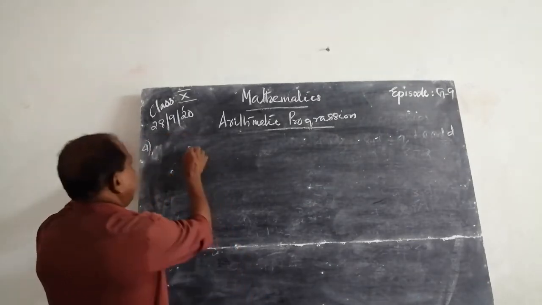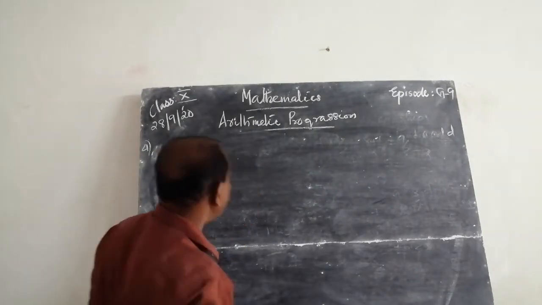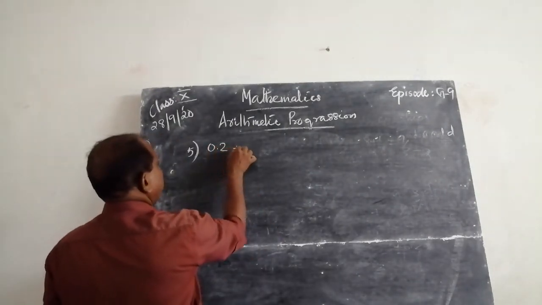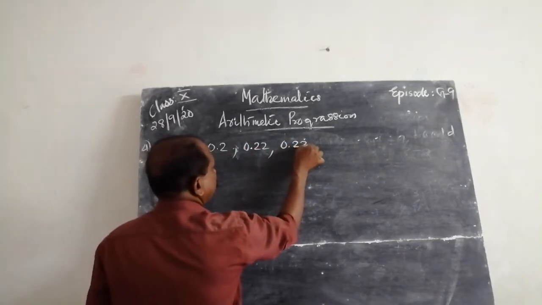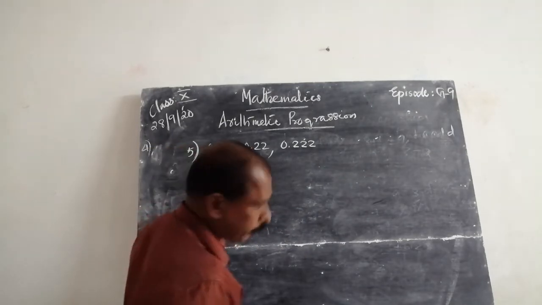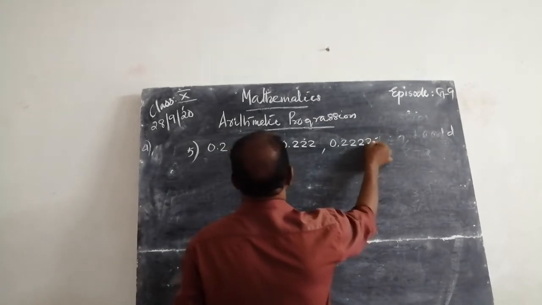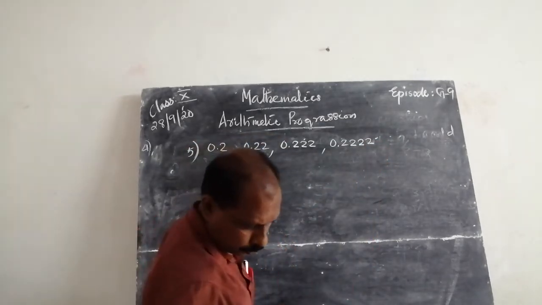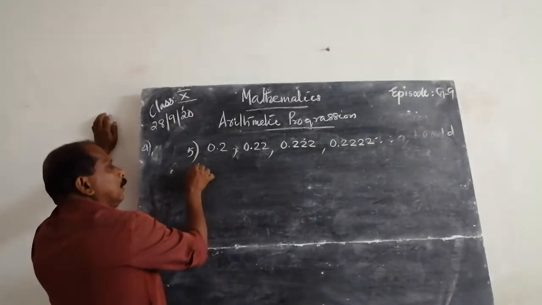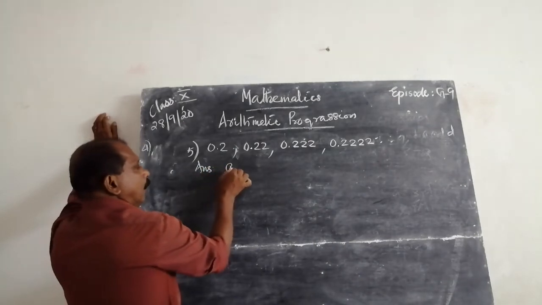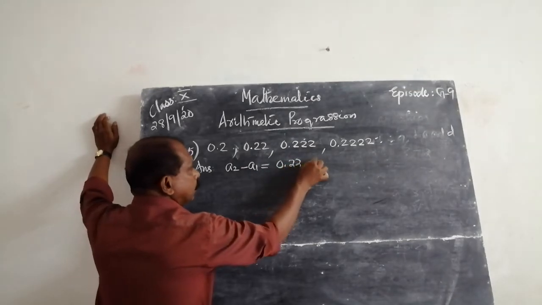Then the fifth one is 0.2, 0.22, 0.222, 0.2222, etc. Similarly, the answer is: A2 minus A1 is equal to what? 0.22 minus 0.2.